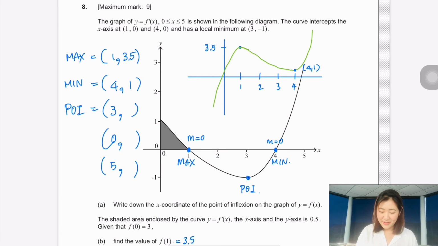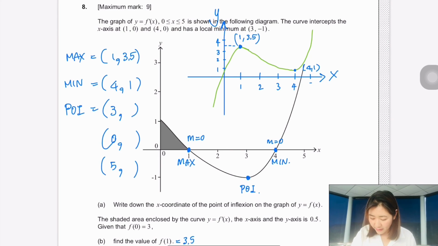Let's say 1, 2, 3, and this is 4. So we can rub 3.5 out, and we should write it here like 1, 3.5, and then don't forget to write y and x. And this is 5, and it's roughly at 5 already, so it's good enough.